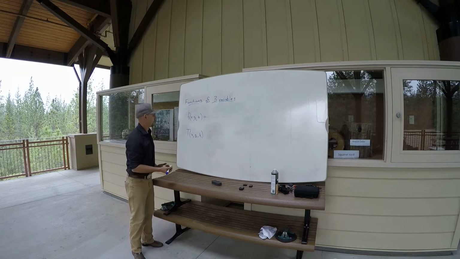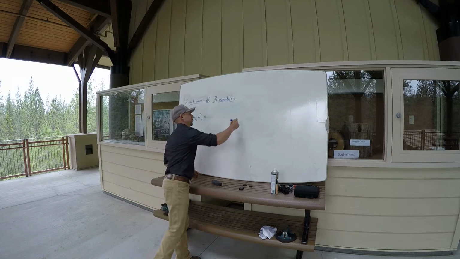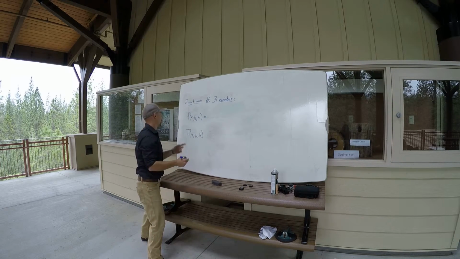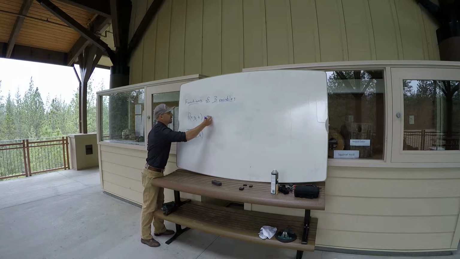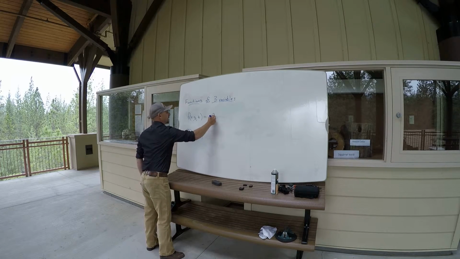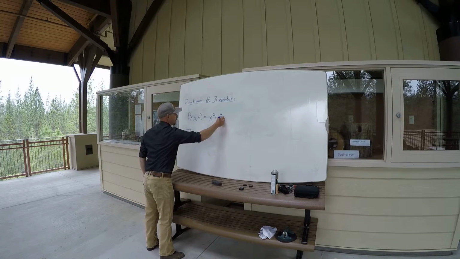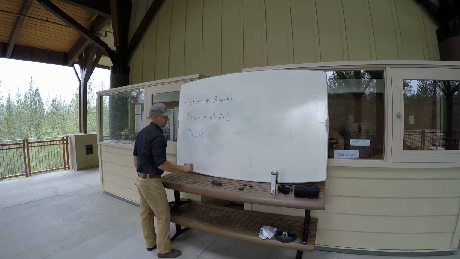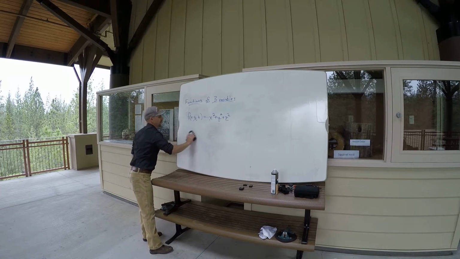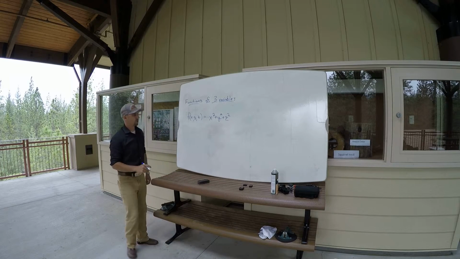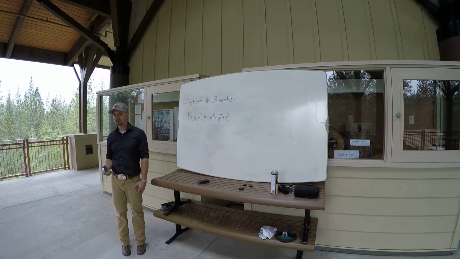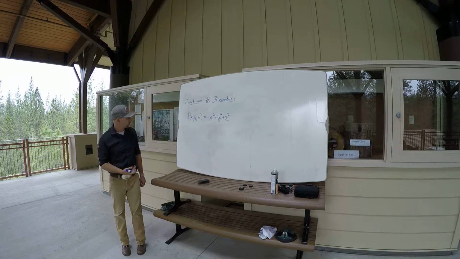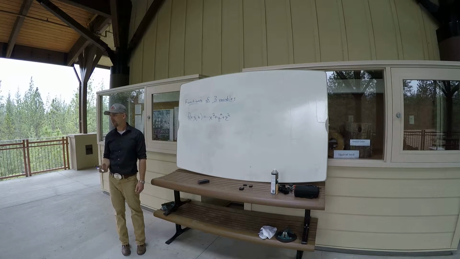So let's go back to our f of x, y, and z, and just say that we had x squared plus y squared plus z squared. I want to be able to draw something for this, right? So in our functions of 2 variables, we pick some level curves.